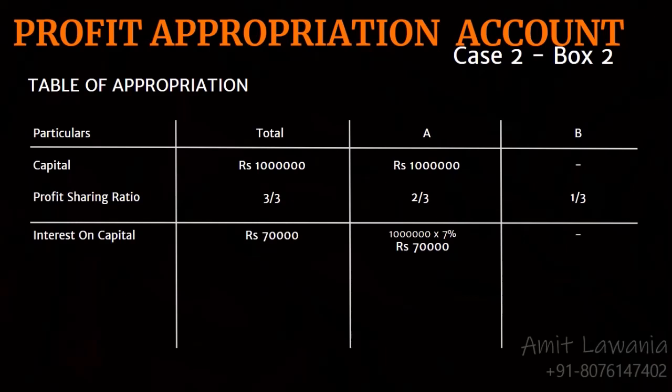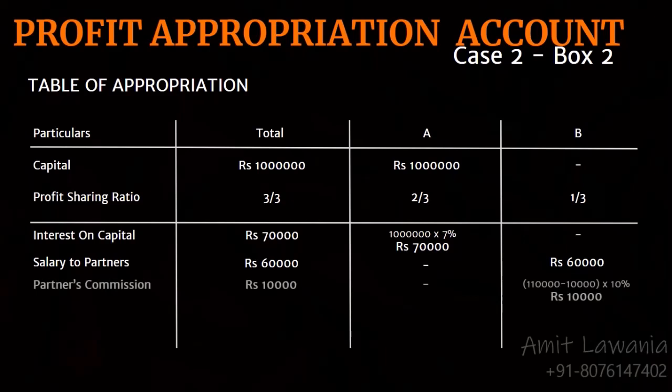We see that there is a provision for salary to partner B at rupees 5,000 per month. So for the full year, the salary will be 60,000 rupees, which is also the total salary payable to the partners. Partner B also gets commission of 10% on profit after rent.